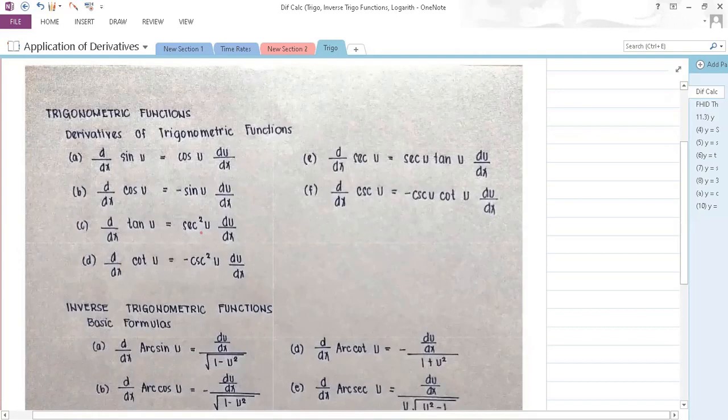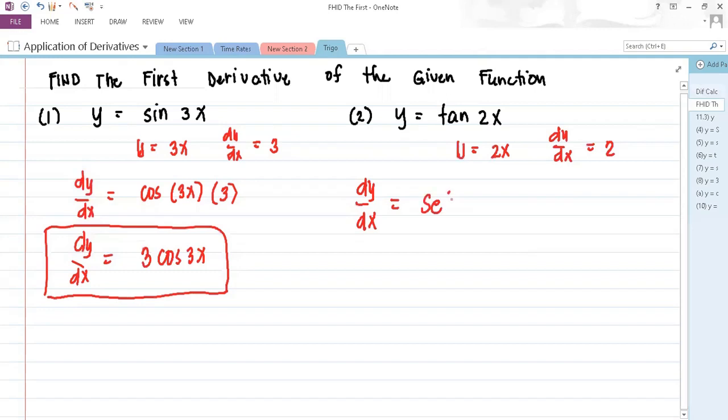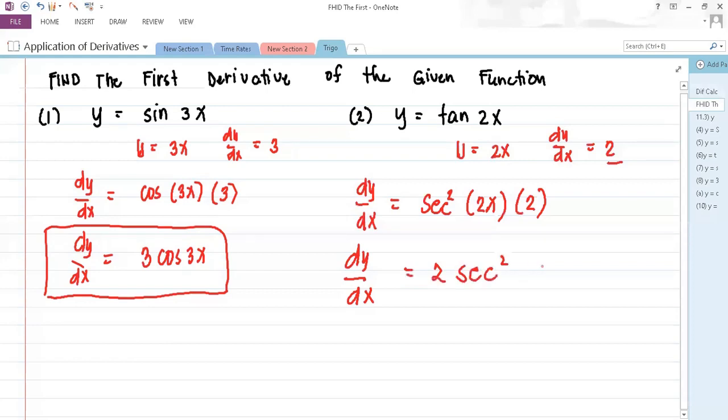Our u is 2x, so secant squared of 2x multiplied by the derivative of u with respect to x, which is equal to 2. So our final answer is 2 secant squared of 2x.